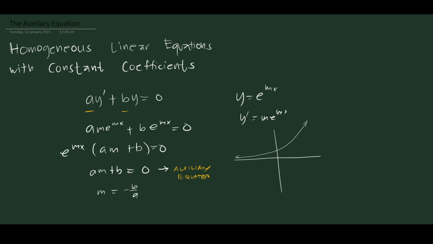Now that we have our value of m, we can say that the general solution is y is equal to c1 e raised to negative b over a x. So this is negative b over a in place of our m. This is our general solution.